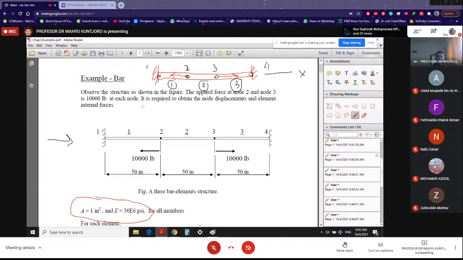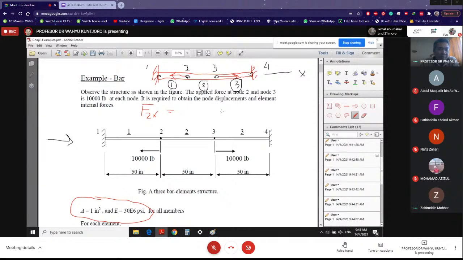Now answer my question. What is the value of F2X? Give me the correct answer. Don't worry if the answer is wrong, I accept wrong answers.